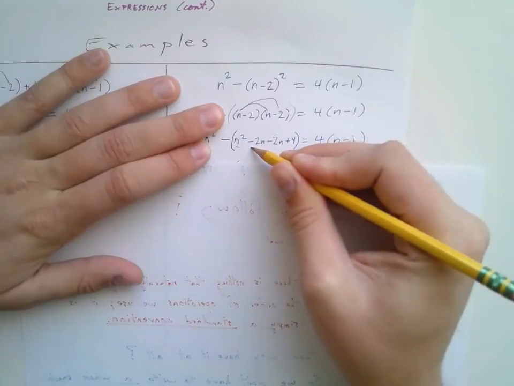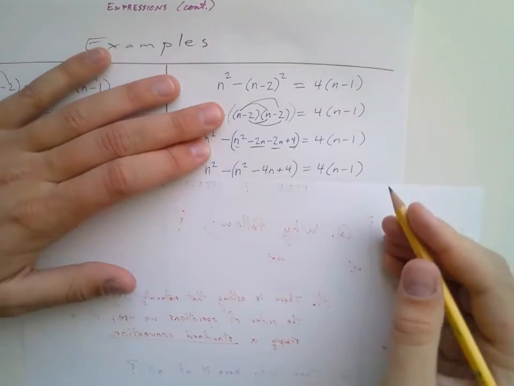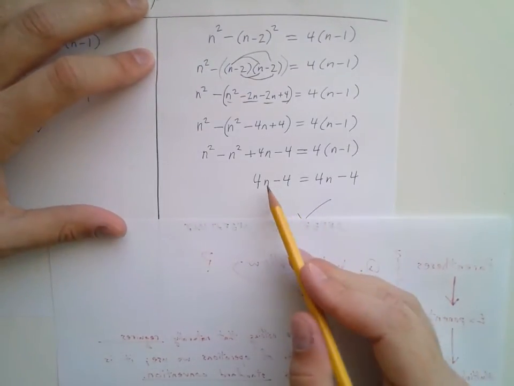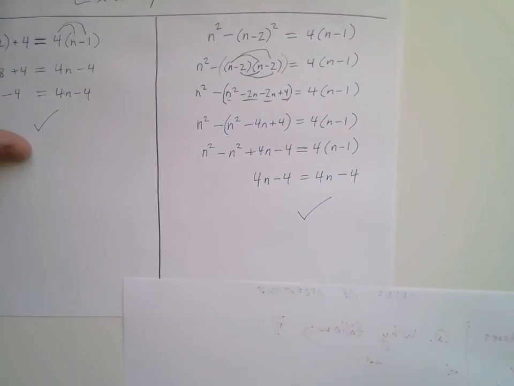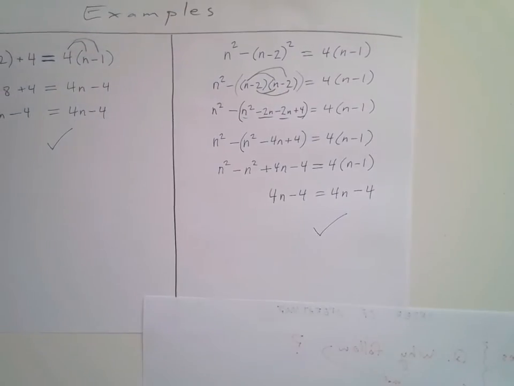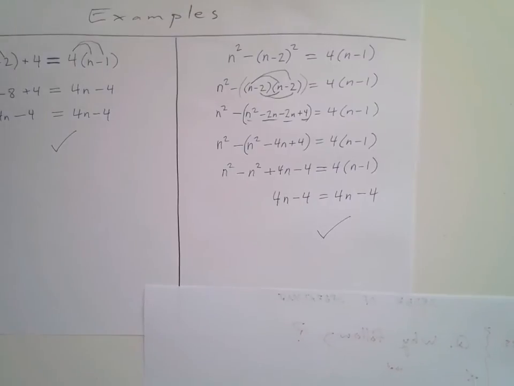N times minus 2 is minus 2n. Minus 2n plus 4. And keep simplifying. And we get 4n minus 4 equals 4n minus 4. We're good. So any two answers that were correct from that activity should be equivalent to each other, and so you can make an equation out of them.